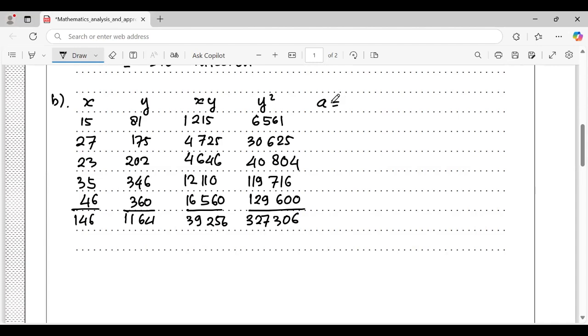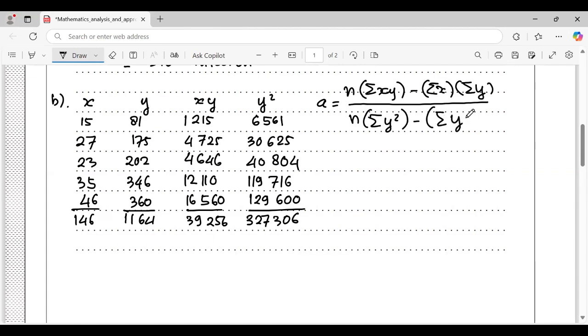Right. Now we are going to find a. The formula for a is n times sigma xy, minus sigma x multiplied by sigma y, over n times sigma y squared minus (sigma y) squared. And n is 5, because 1, 2, 3, 4, 5.